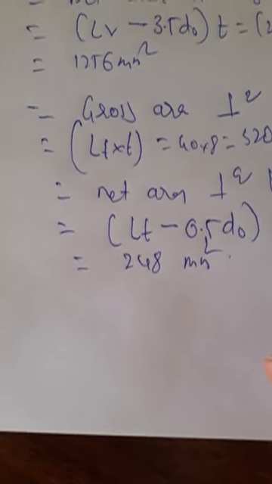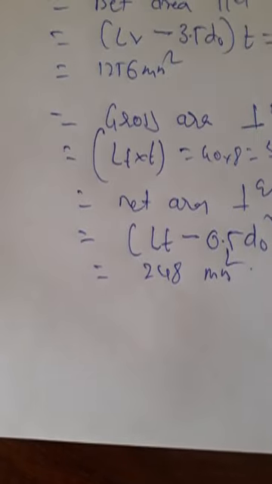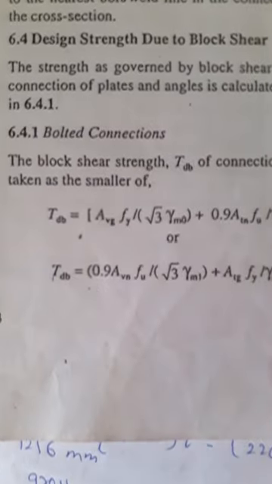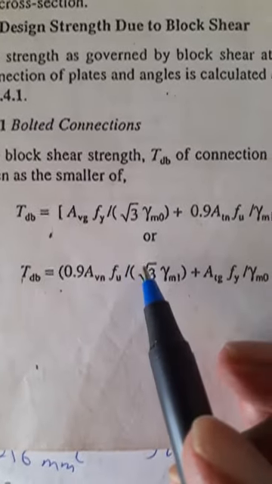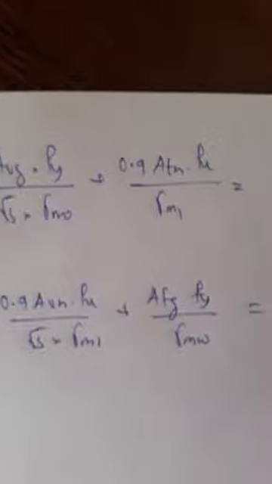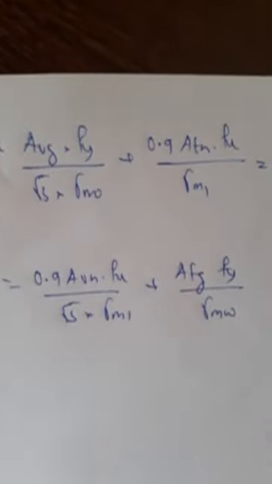Now substitute and get the values of TdB1 and TdB2. Now the block shear strength equation TdB is given as an OR, so I can say this as TdB1 and TdB2. Copy the equations as they are, and go on substituting the values.